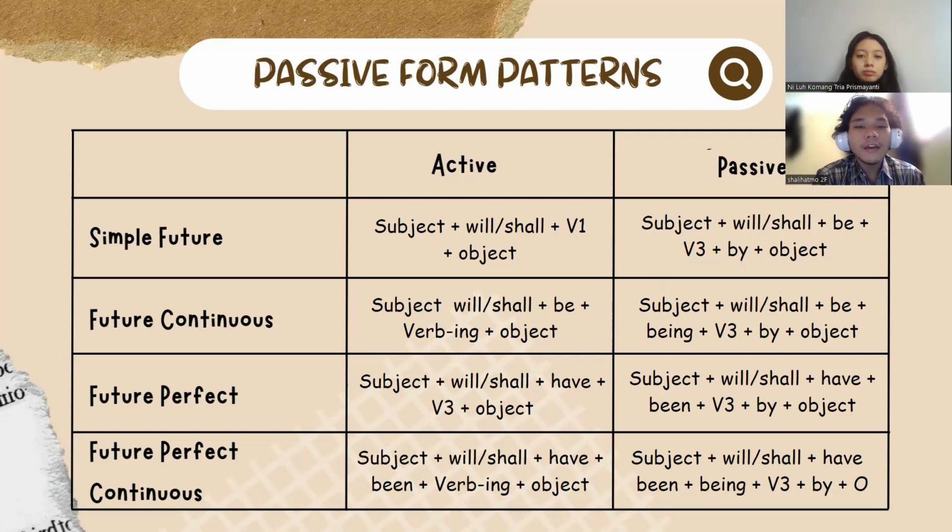Future perfect active: subject plus will or shall plus have plus verb 3 plus object. And passive: subject plus will or shall plus have plus been plus verb 3 plus by plus object.